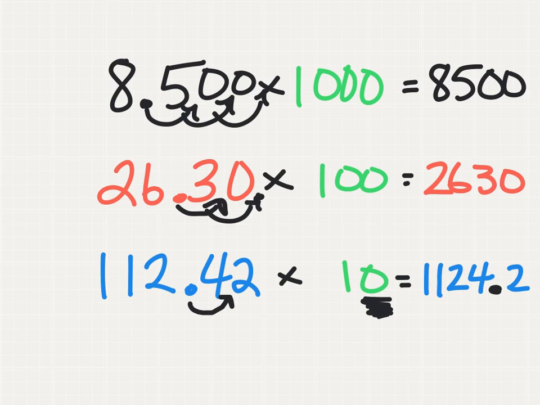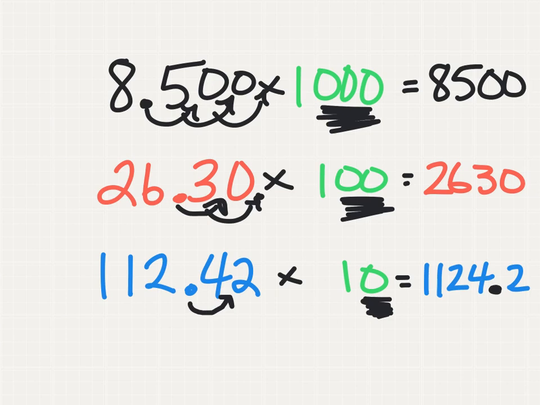Each zero in our power of 10 resulted in a move of the original decimal one place. So when multiplying by 10, I move the decimal one place to the right. By 100, I move it twice to the right. By 1,000, I move it 3 times to the right.